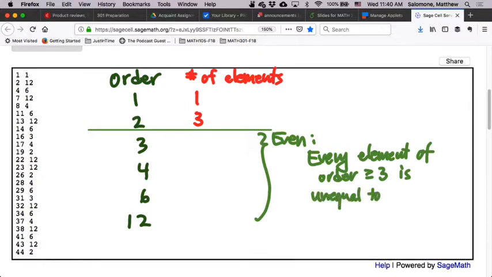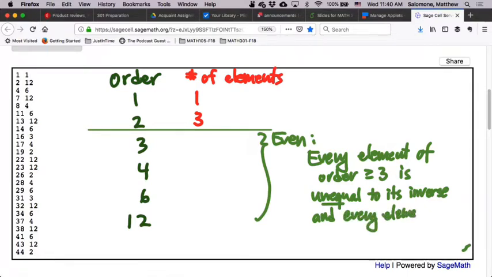Because if it were equal to its inverse, what would its order be? 2, or possibly 1. So all the elements whose order is not 1 or 2 come in pairs of an element and its own inverse, and an element and its inverse have the same order.